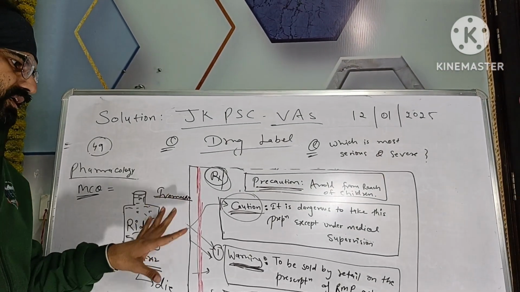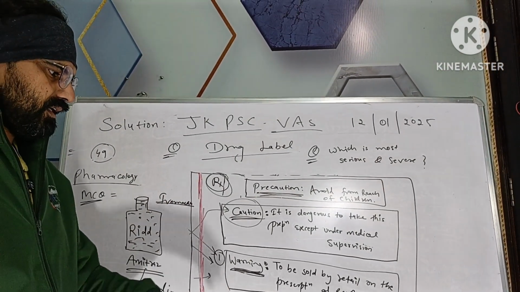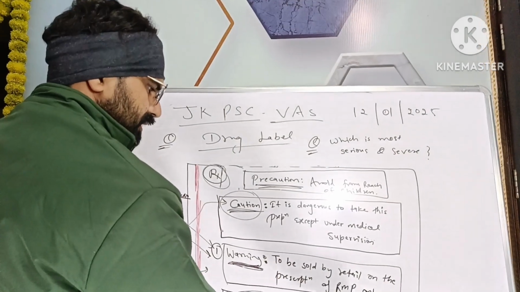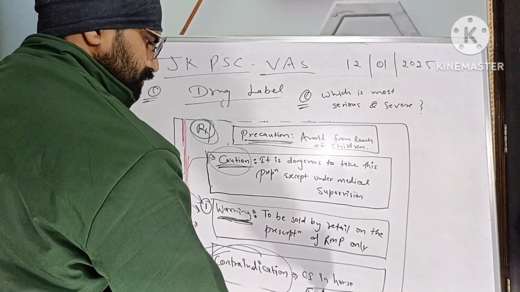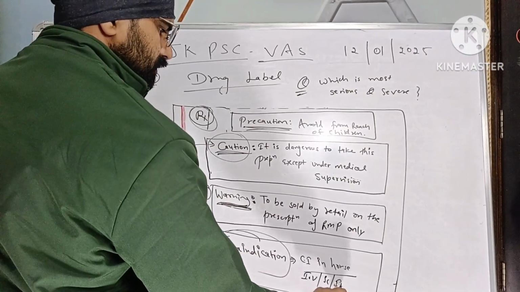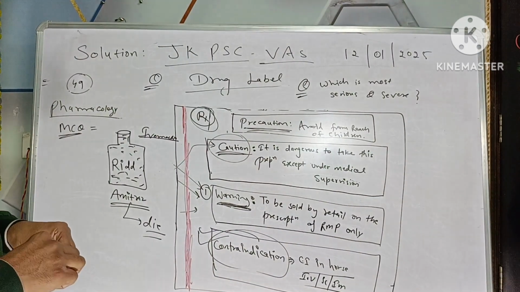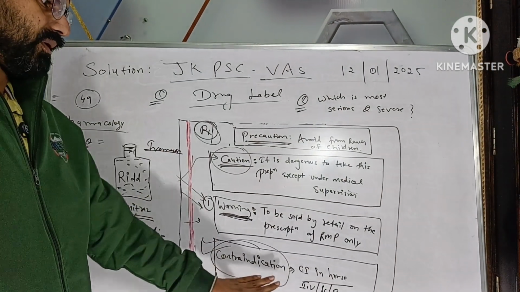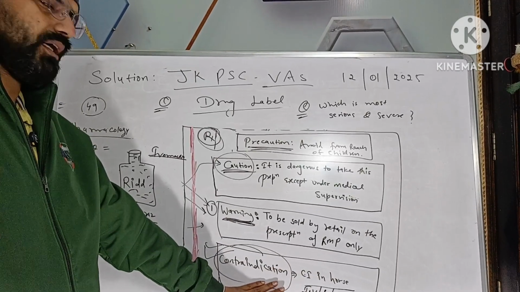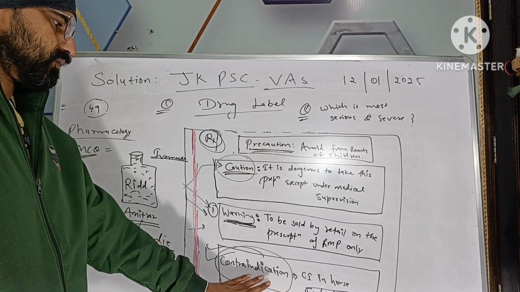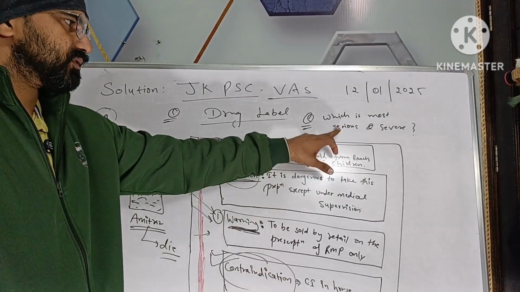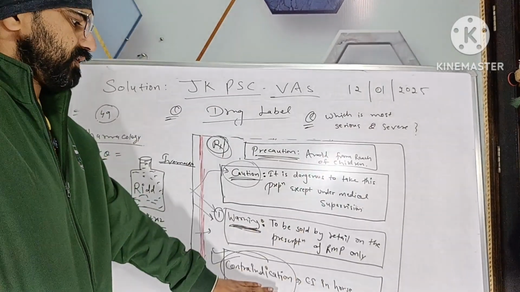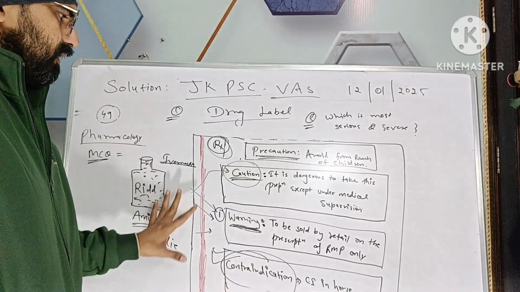That we should not inject. It is contraindicated in horses by IV, subcutaneous or intramuscular route, because in horses ivermectin is given by the oral route only, that is the recommended route. So contraindication is the most serious and life-threatening in this case.